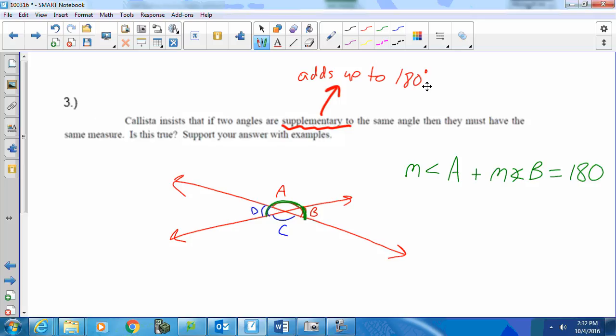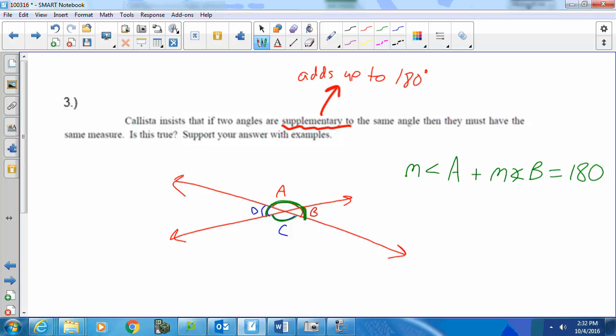Now, let's look at another angle. What about C down here? What is that supplementary with? Well, it looks like it's supplementary with the same angles that A is, right?